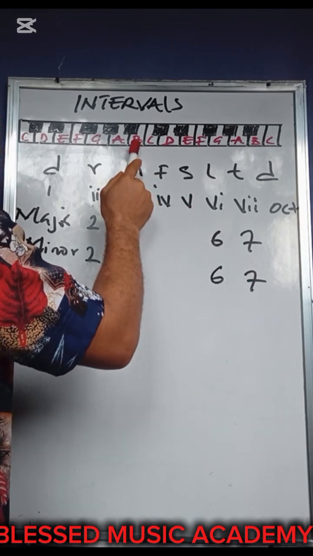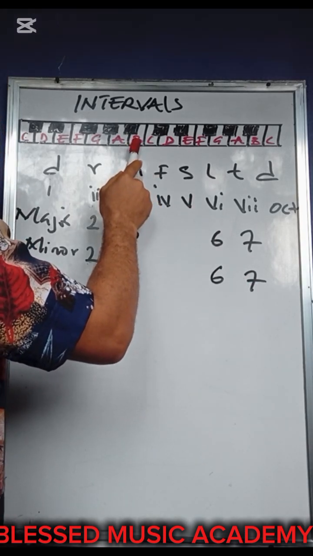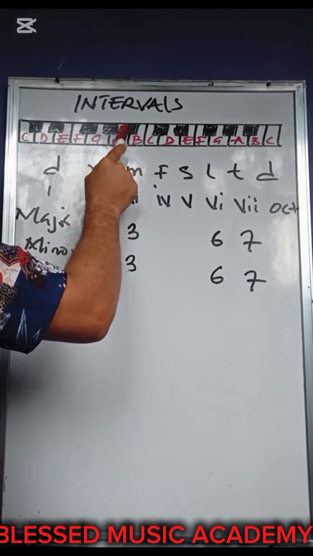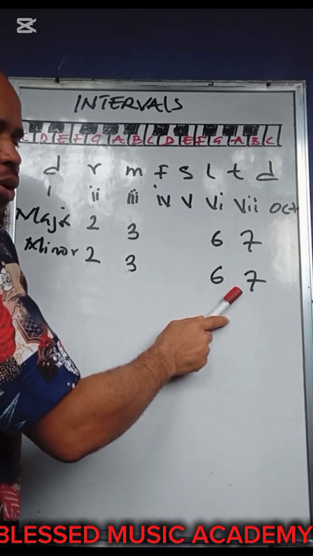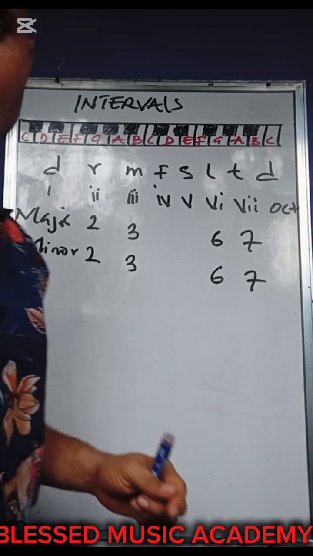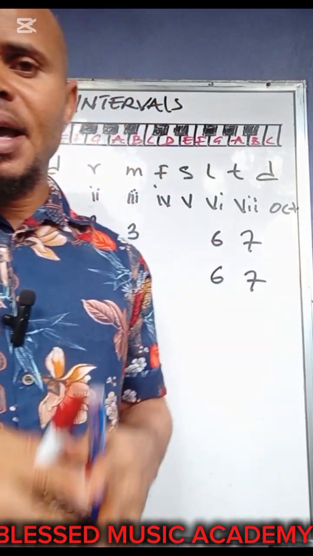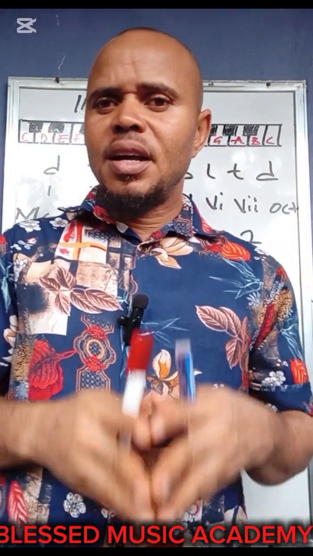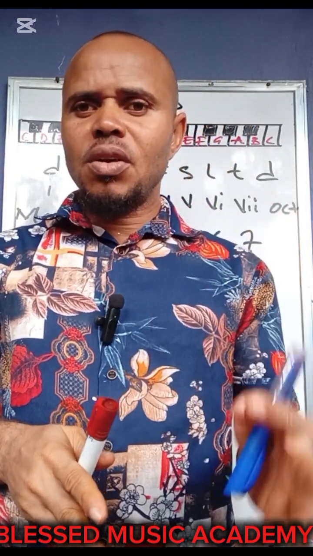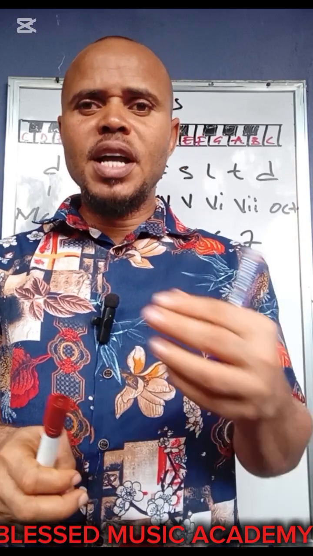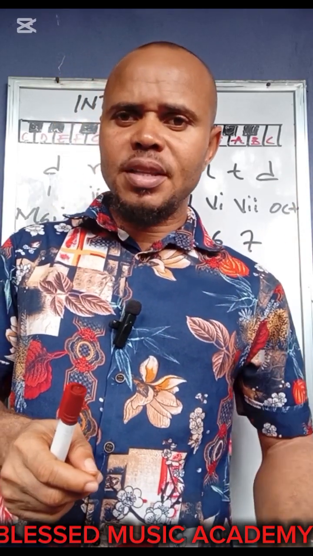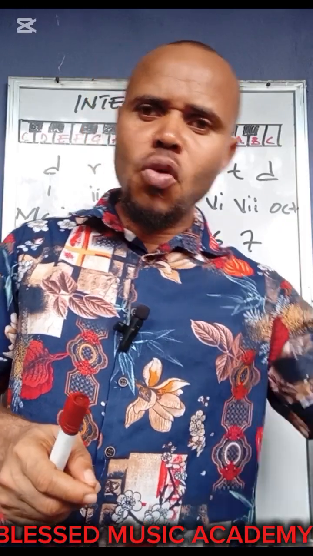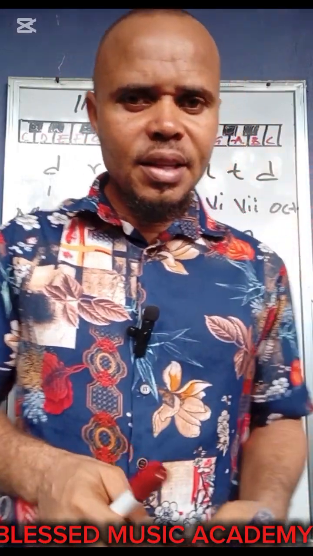When you lower your B to B flat, it becomes a minor seventh. So what you need to know is that major intervals are only second, third, sixth, and seventh, and to get your minor, you lower your major intervals. Once you know your major interval, lower it to give you your minor interval.